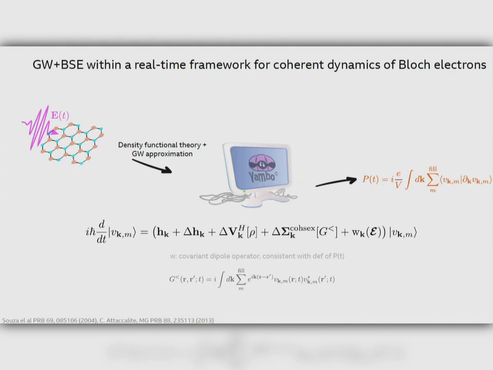And this is exactly the same ingredients I discussed with you before, and those single-particle states are linked to the lesser Green function since they diagonalize it at each time step.